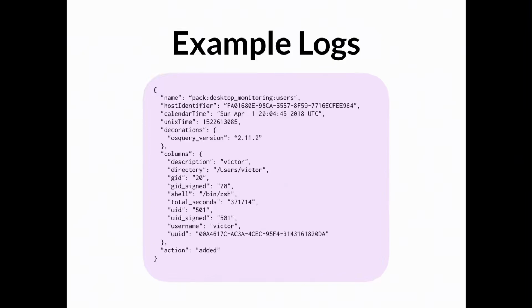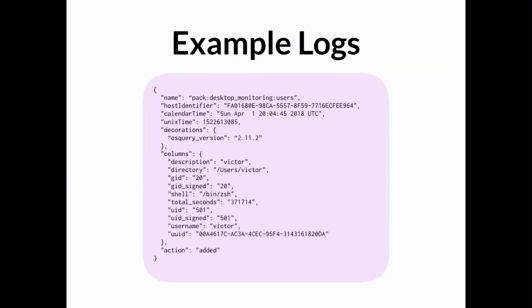And here's an example log. It's kind of small, but I think it should be pretty easy to see what you're getting out of here. The top section is metadata about the host, about the time of the event, and any decorations that you've configured. In this example, we've configured OSQuery to additionally log the version of OSQuery that's emitting these results.